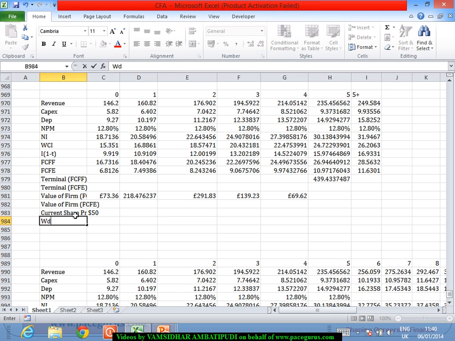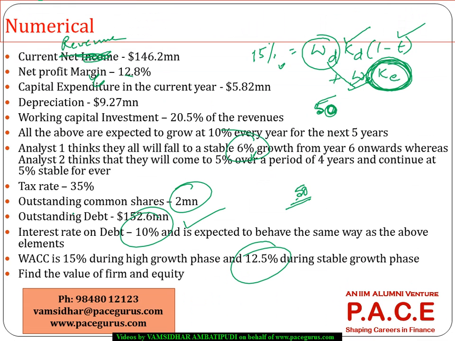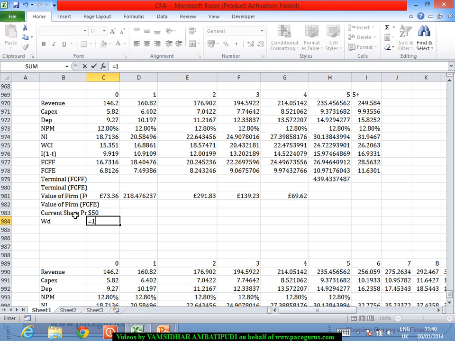The debt is 152.6 million forever, so 152.6 million divided by 152.6 plus equity. Equity is now 100 million because we have $50 per share and 2 million such shares. So weightage of debt is something like this and weightage of equity is around 40%.